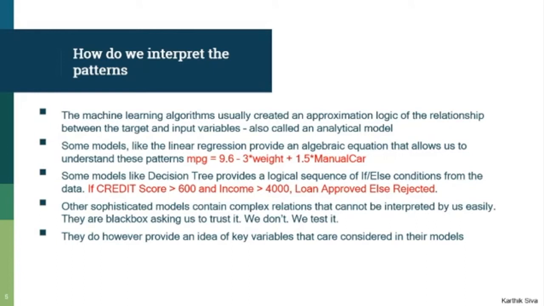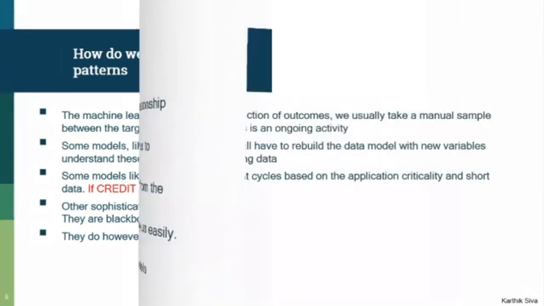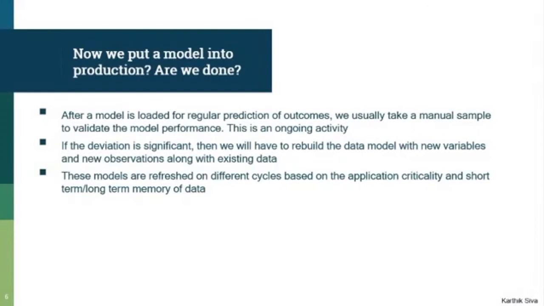So we do test it and then see how good it is. But we could derive some key information. For example, if you use 100 variables, maybe it will tell you what the top 20 variables are. So models have a good way of giving it. All that is giving information to you as a human to understand the important parameters that have an impact on your target variable, so you can take actionable insights.